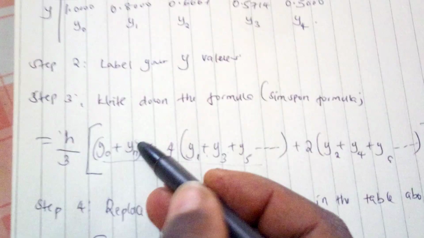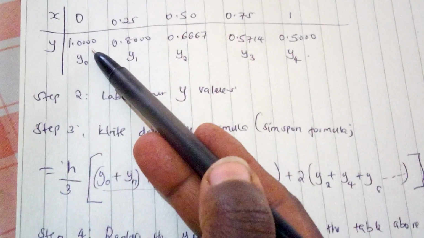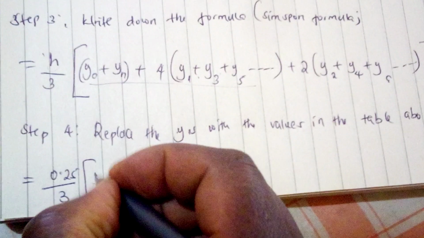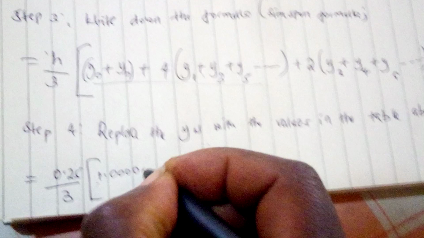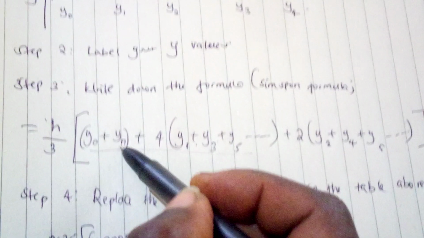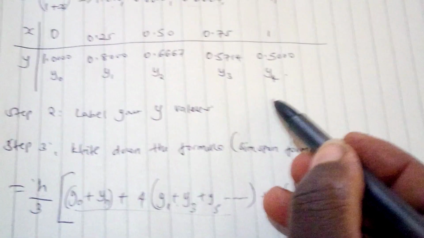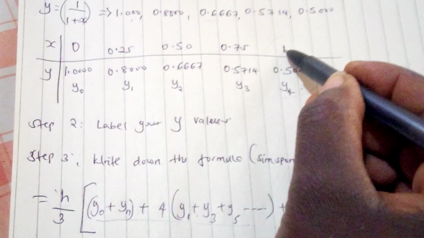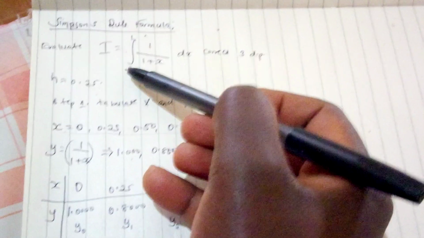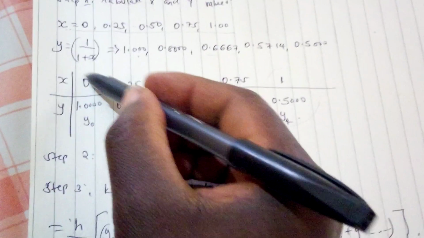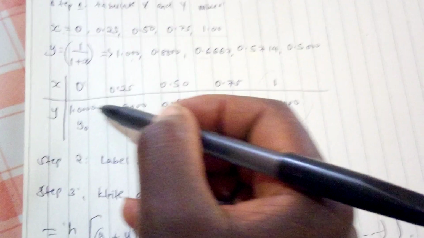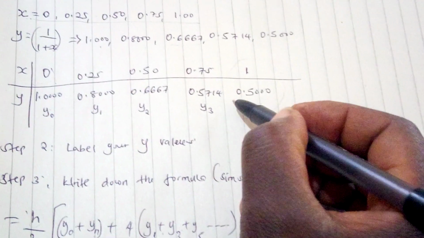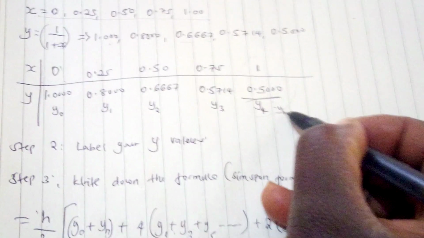Our y naught, we've labeled them here, is 1.000, plus yn. yn is the value of the upper boundary of the integral that you are using. Our integral was lying between the boundary of 0 and 1. So y naught is where the boundary starts, and yn is where the boundary ends. So our y4 is going to be our yn.